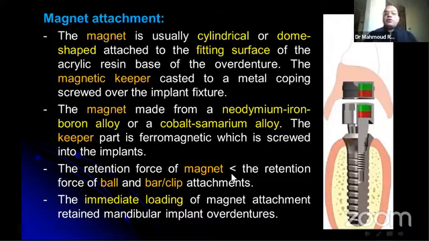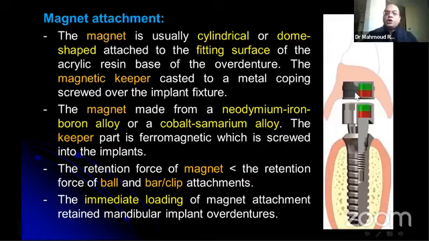The retention force of the magnet decreases with time. This is a disadvantage, and the retention of the ball and the bar attachment is more than this type of magnetic attachment. But this attachment is considered the most resilient attachment you can use.